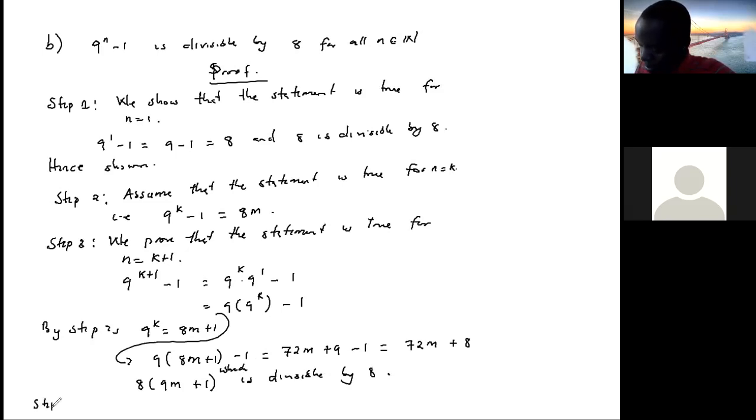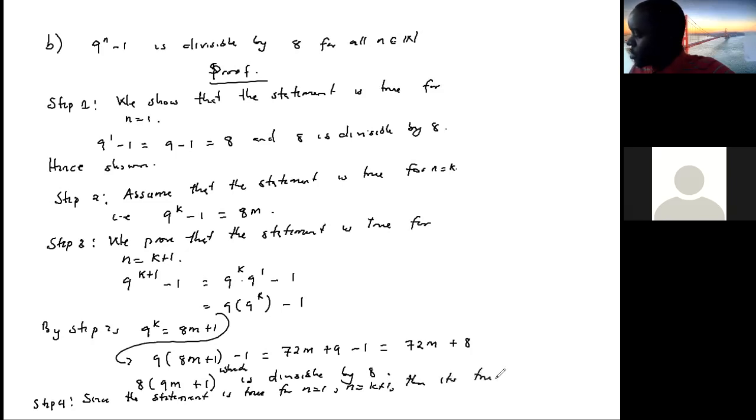So step 4, the conclusion. So you say, since the statement is true for n is equal to 1, true for n is equal to k plus 1, then it's true for n is equal to k, and hence true for all n.